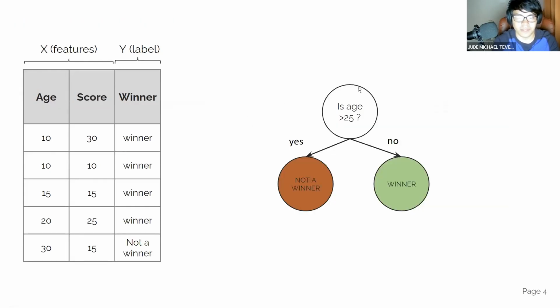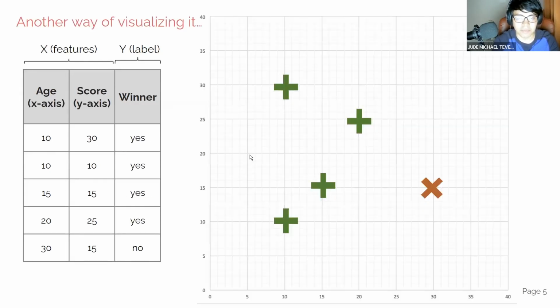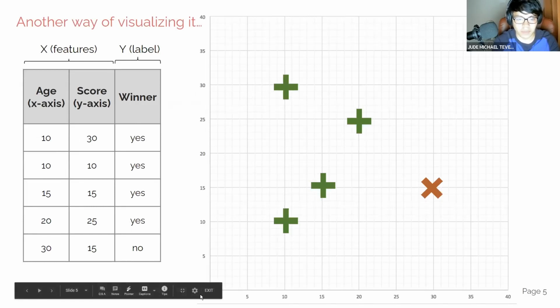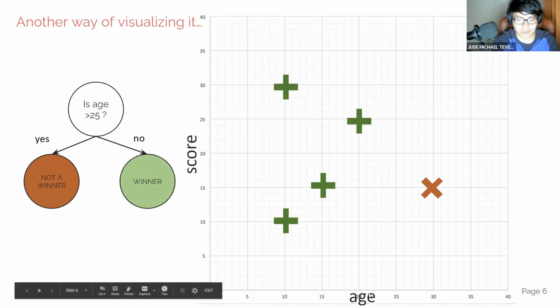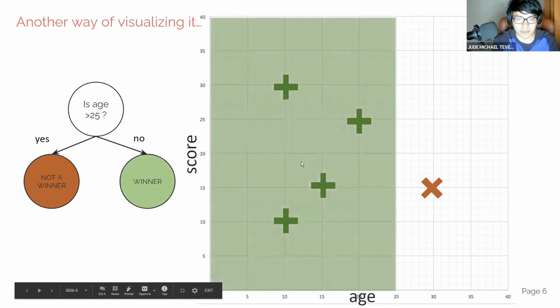For example, you have this. We could visualize that as something like this because we only have two features. We plot it into 2D space. The y-axis is the score, and the x-axis is age. We just plot them, and this is what it will look like.